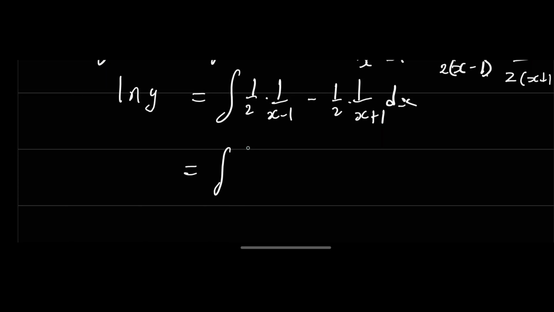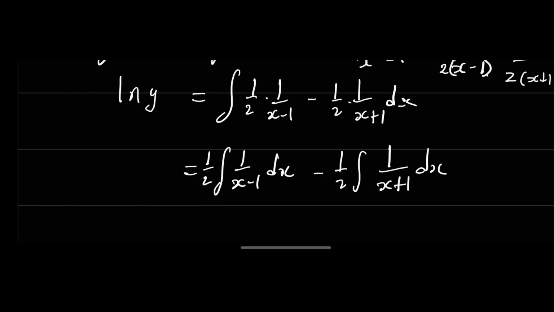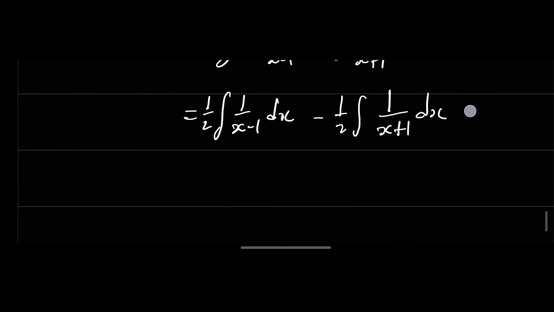The integral operator is linear, so we can factorize the half out and have this inside, and also split the same thing for this, have the half outside and have this dx. This is possible because the integral operator is linear. Now let's do the integration.